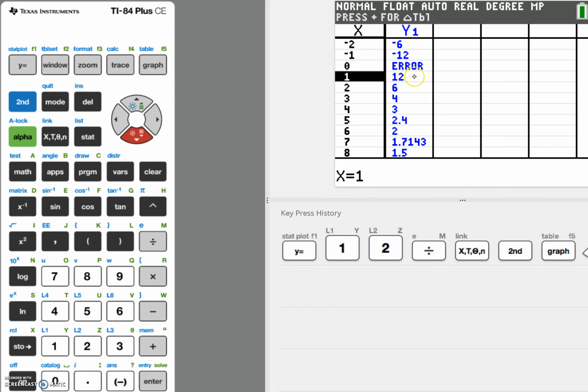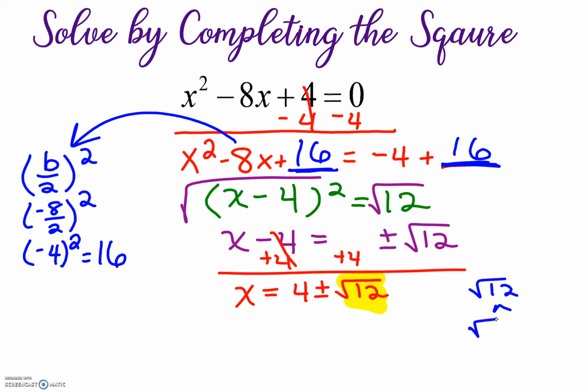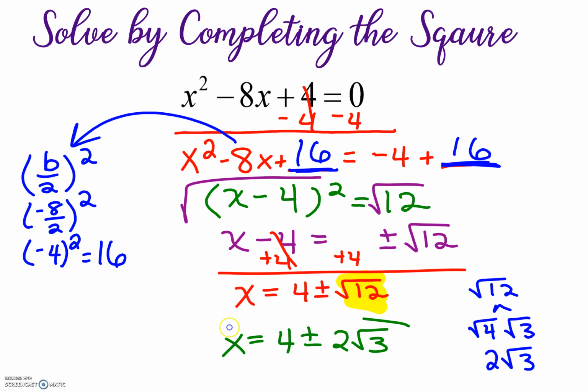So once we see that we have a perfect square, we're going to take 4 times 3. So we have radical 4 times radical 3. Now we want to simplify even further. Square root of 4 is 2. We're left over with a radical 3. So our final answer is x equals 4 plus or minus 2 radical 3.